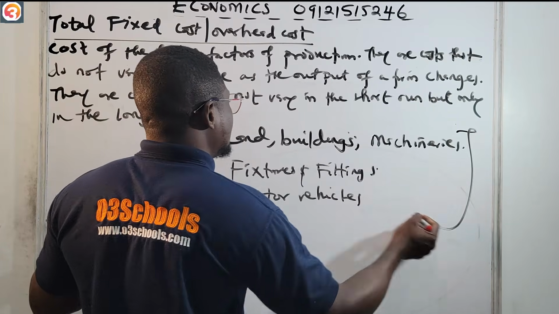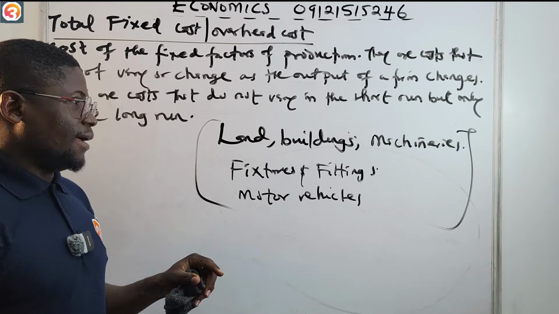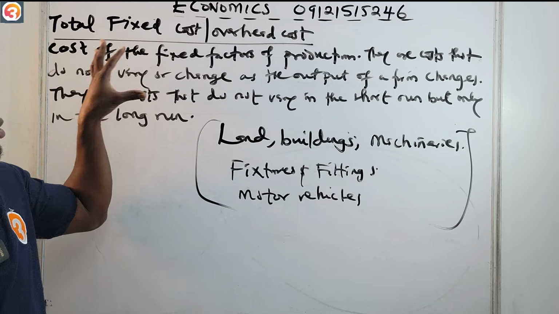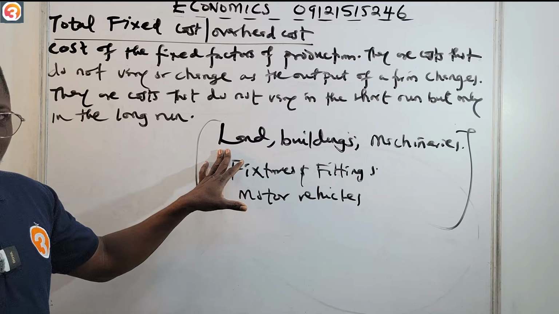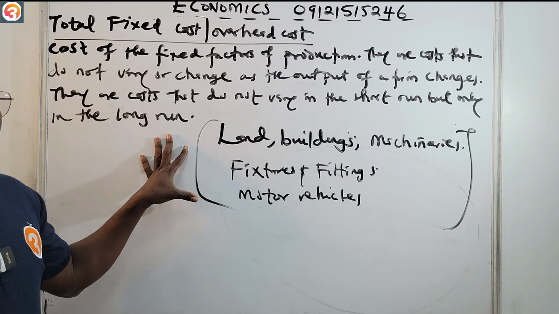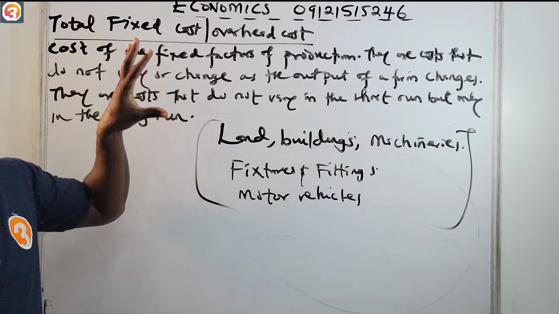All of these are fixed factors of production. So the examples of fixed cost, total fixed cost, or overhead cost would be cost of land, cost of building, cost of machineries, cost of fixtures and fittings, cost of motor vehicles. All of this will now be examples of total fixed cost.